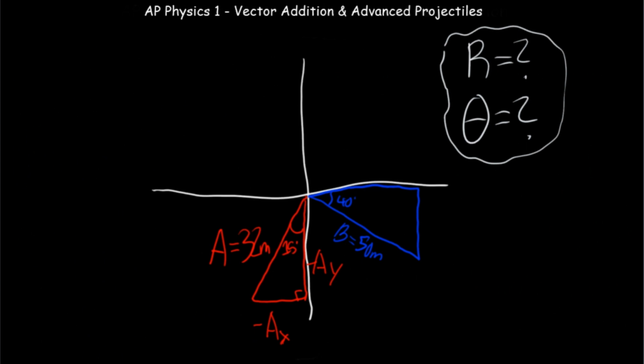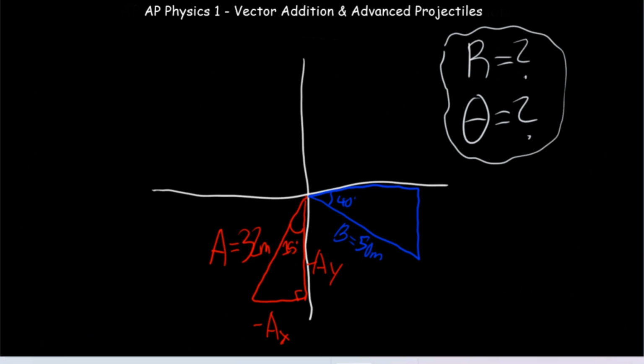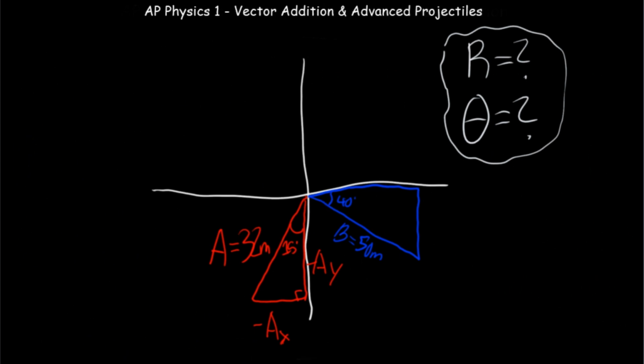As discussed in AP Physics before, west and south are perceived as negative. So they're in negative directions. Let me charge my pen so I can use it later. Okay. And as for B, kind of the same thing with B here. B of y is negative, but B of x is going to be positive because it's going in the east direction.